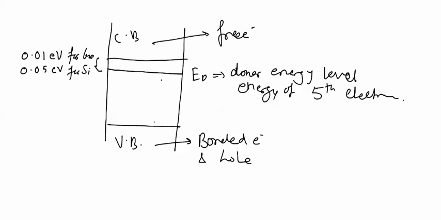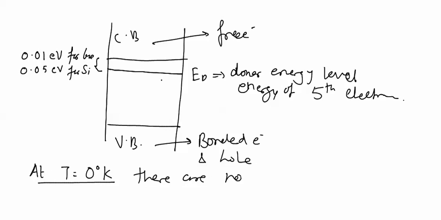Now we can see that at T equal to 0 degrees Kelvin there are no free electrons, hence no holes, because a hole is generated when an electron breaks the covalent bond.